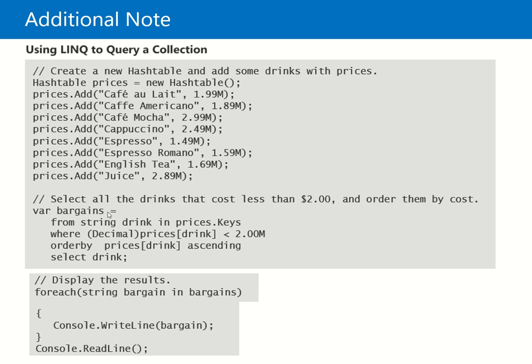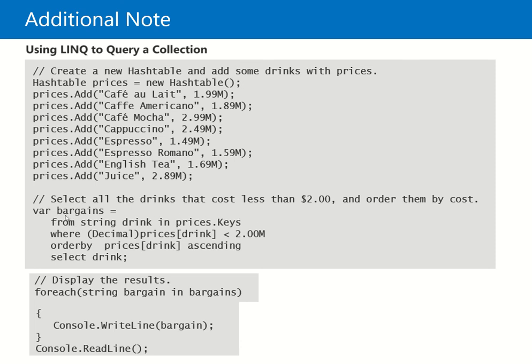So this is just an example. So let's say after I create this hash table prices and I add the key-value pairs inside, I want to check any drink that costs less than $2. So what I can do using LINQ is I can create a variable called bargains, let's say, equal to, and this is the start of your LINQ. Okay, from, where?